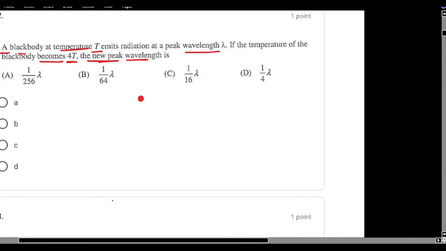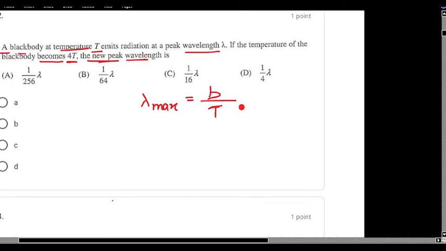The formula says that the peak wavelength emitted, lambda max, is equal to b, Wien's constant, divided by the temperature of the black body.